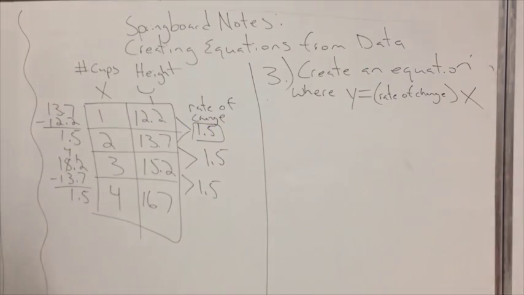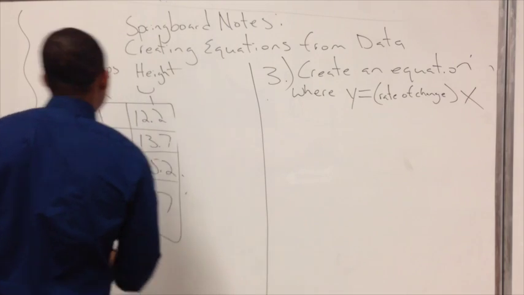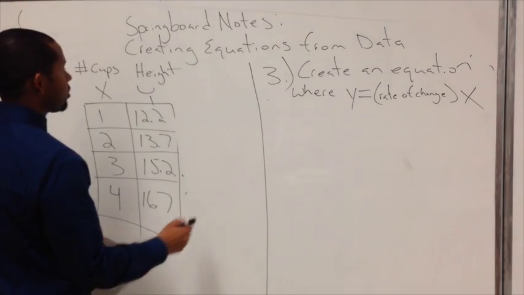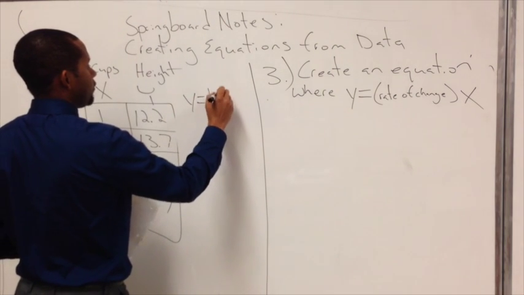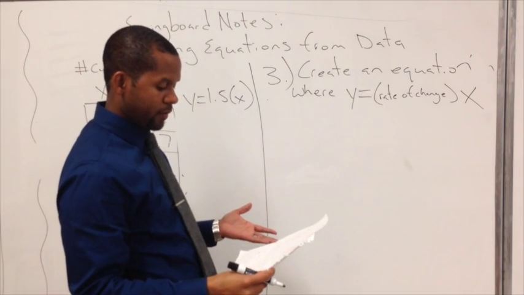So in this situation, I'm going to go ahead and erase this, but in this situation over here, what happens now, you can probably do it underneath, it says y equals 1.5 times x, right?